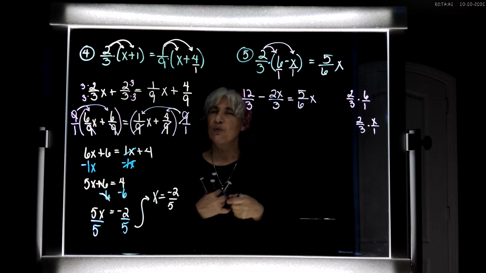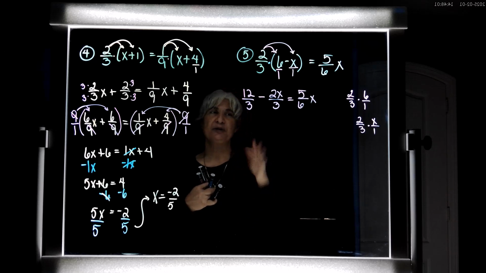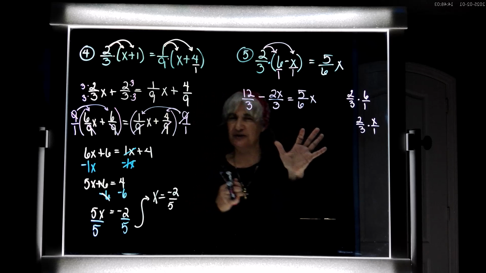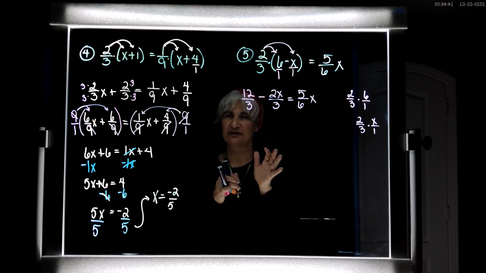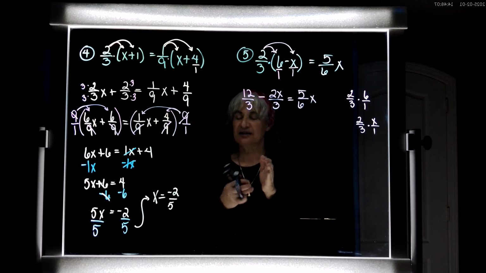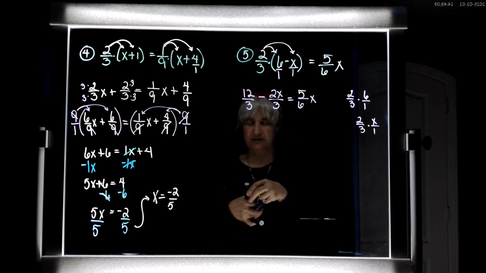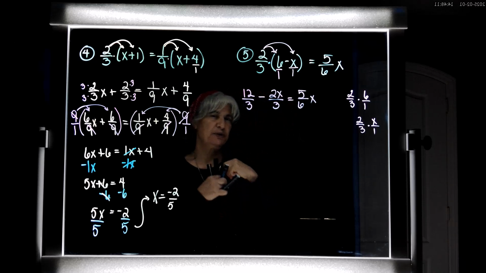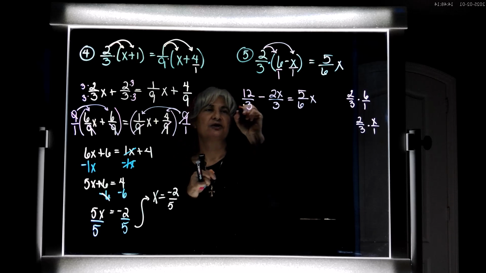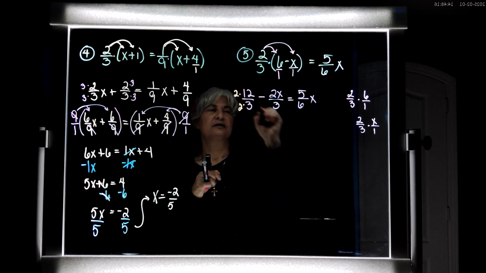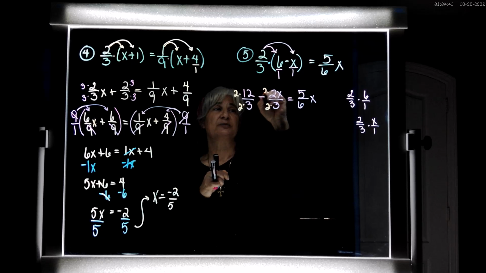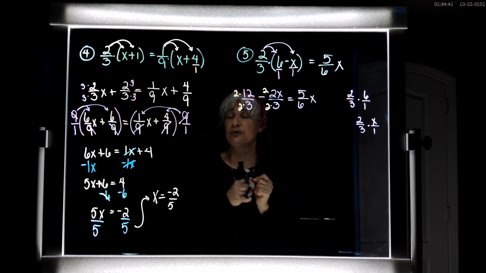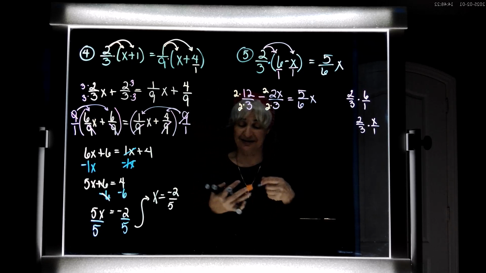Okay. So what was my recommendation at this point after you distribute and you've got a bunch of fractions? What do you want to have? Yeah, let's get a common denominator, shall we? And the common denominator would be 6. So I'm going to multiply both fractions by 2, because that's how I'm going to get both denominators to be a 6.